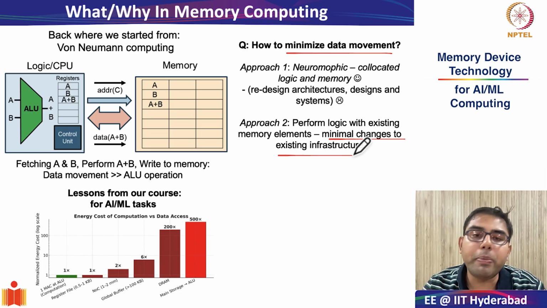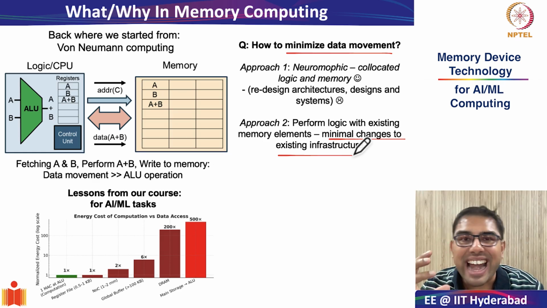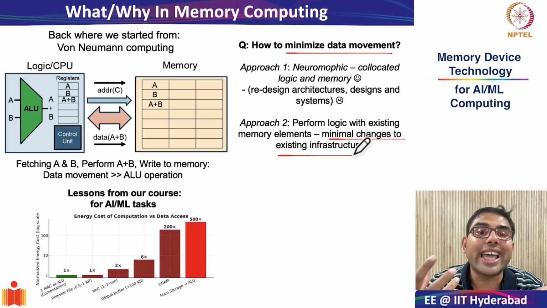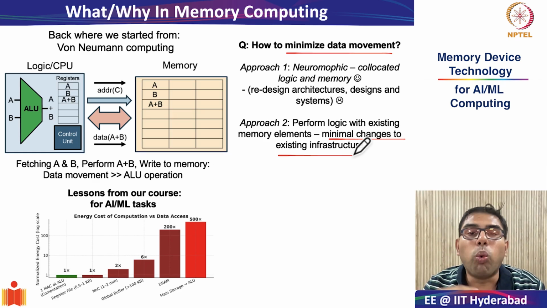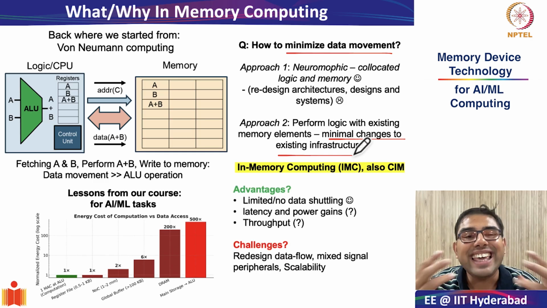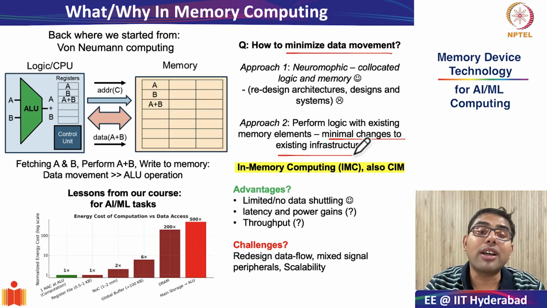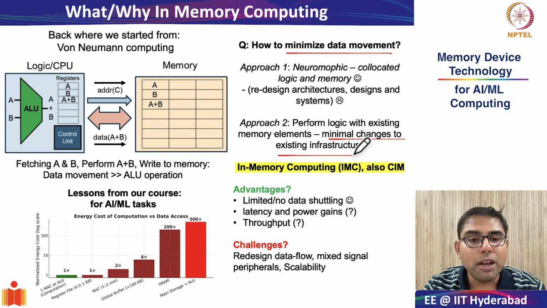And the idea that people came up with is, instead of having co-located memory and logic, as is the case in neuromorphic systems, why can't we perform logic operations within memory elements or using memory elements? And that is the key idea of in-memory computing, which is also called IMC, or sometimes called compute in memory.